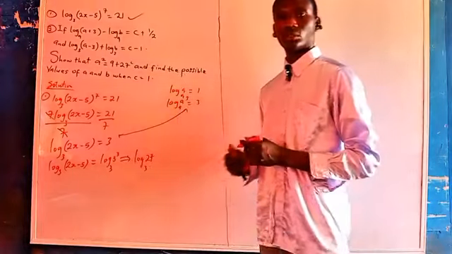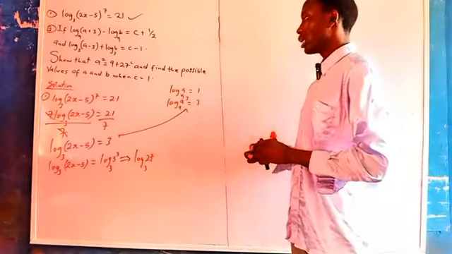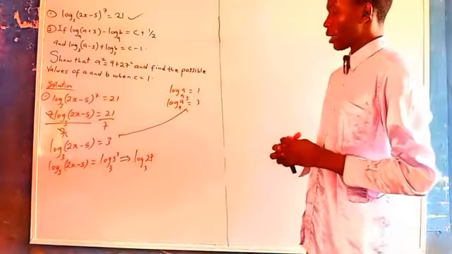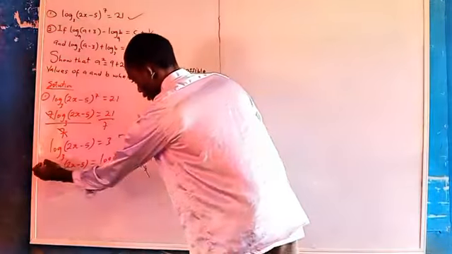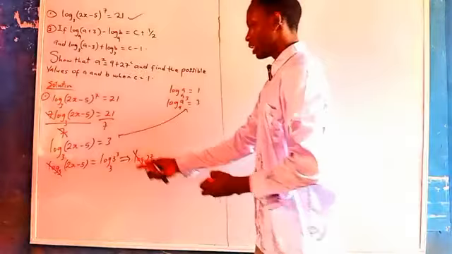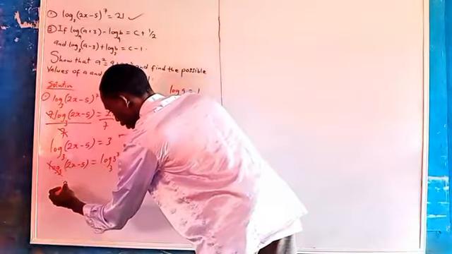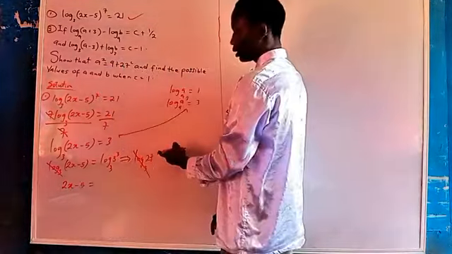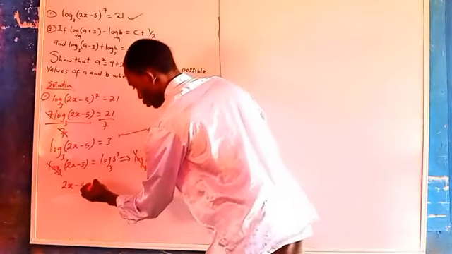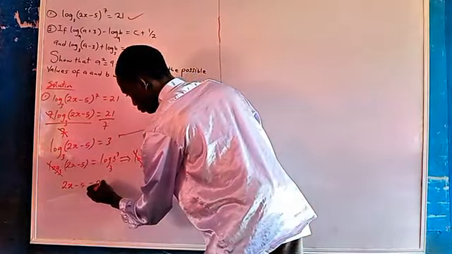Don't be confused, we are still having the same thing. Now let's go on. The log to base 3 can cancel the log to base 3 here, so I will be left with 2x minus 5 equals 3 to the power of 3, which is 27.